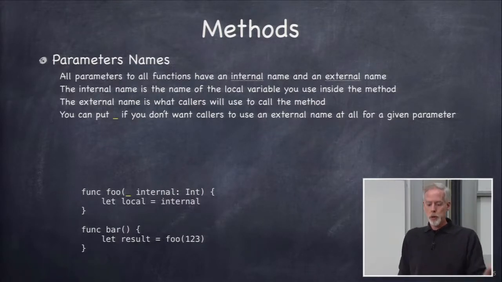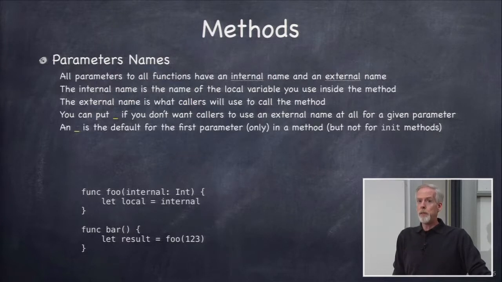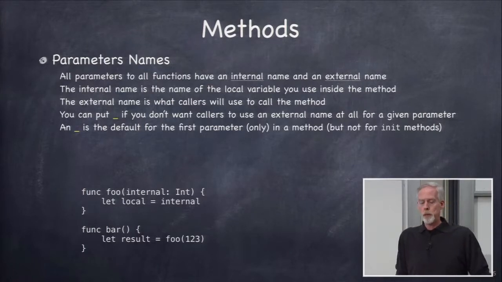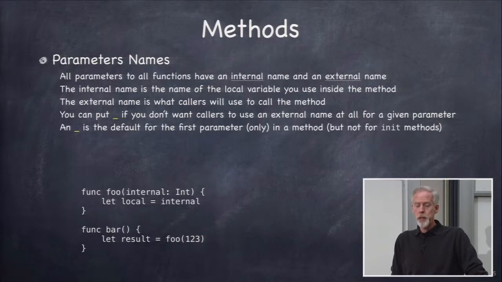It calls foo. It doesn't even put internal colon or external colon. It just puts the argument there. So the underbar says, I don't want to have an external name for this. Now, that is the default for the first argument to a function. Foo only has one argument, so its first argument is its only argument. You can see that when you call it from bar, you don't say internal colon. That's because that underbar thing is the default.